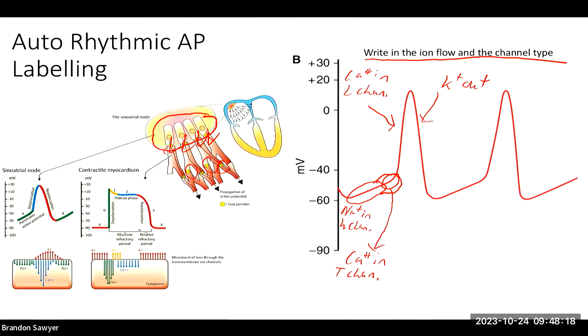And then to get that rapid depolarization that we see right here, now we're talking about those L channels. And then finally, potassium channels are just allowing potassium to go out to cause repolarization. Okay, questions on any of that?